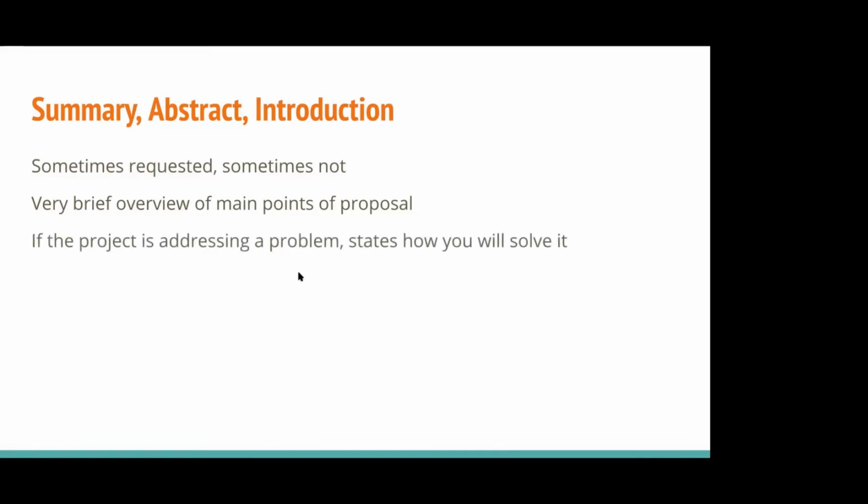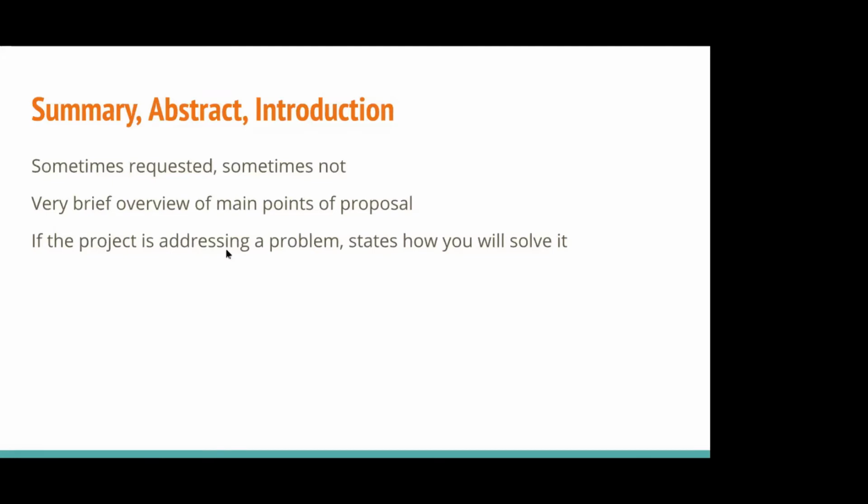Now, in your summary, it would also be really helpful to address a problem or a situation that you are going to be required to solve. Now, not every grant proposal is going to be grounded in a problem to be solved, but very often funders will say, we want to solve this social problem.